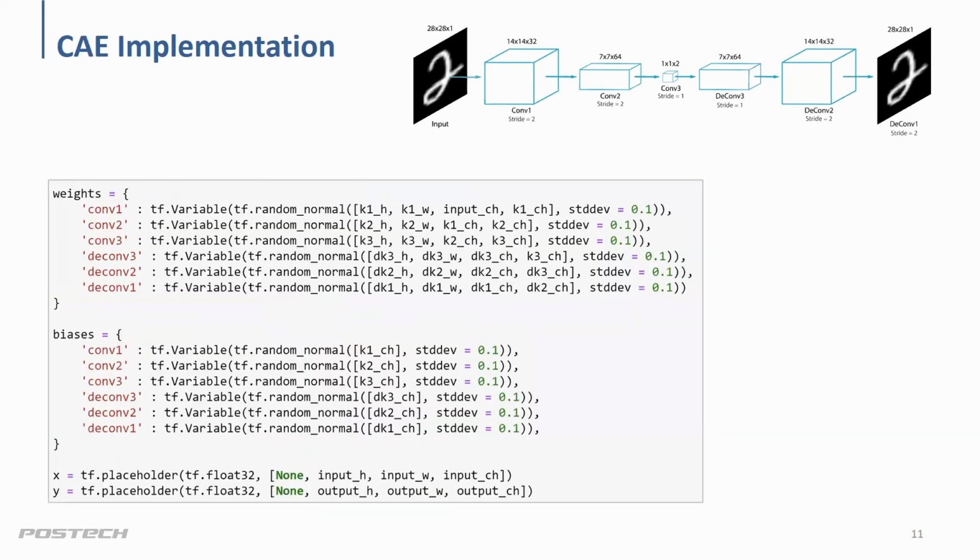The weights and biases are the same. One thing you should notice is the convolution: looking at the first kernel height and width, the second kernel, and the third. These are the input and output channels for conv1, the input and outputs for conv2, and the input and outputs for conv3, right?